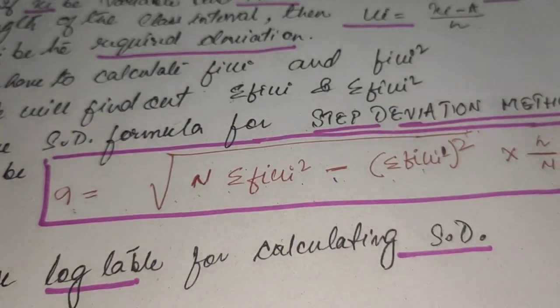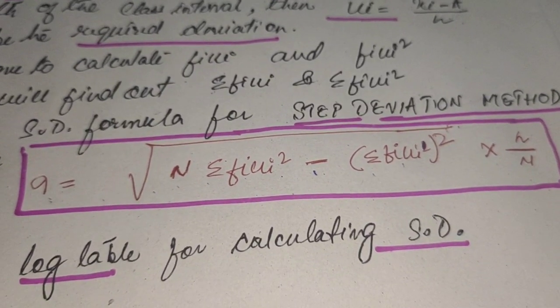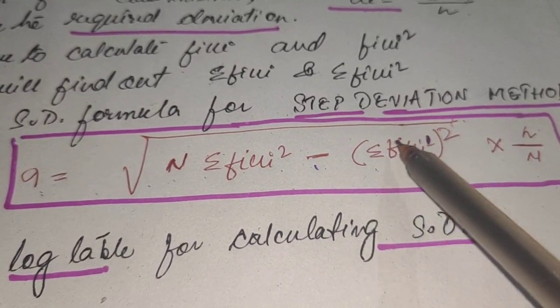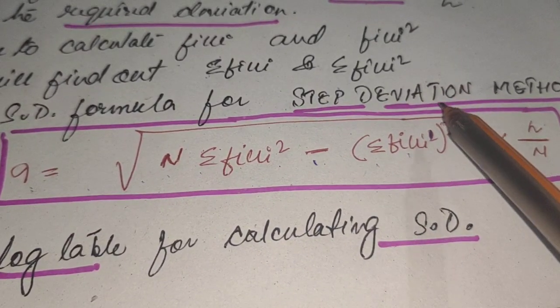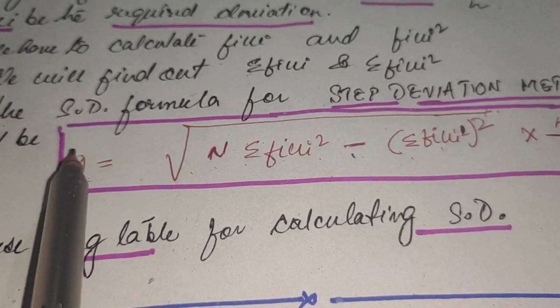This is your step deviation method to find sigma or standard deviation. After putting all the values and doing multiplication, addition, subtraction, when everything is done, we finally calculate sigma.